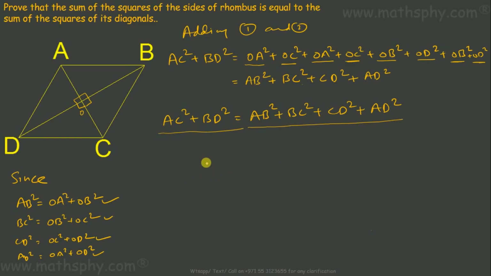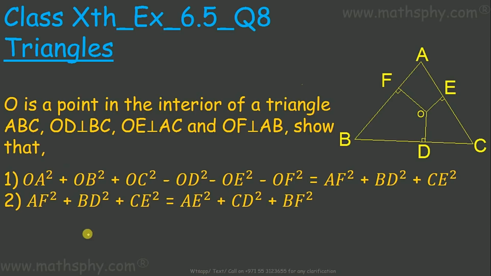Proved? Done? This question here, it says O is a point in the interior of a triangle ABC. We have this triangle ABC where O is a point inside ABC, where OD is perpendicular to BC, OE is perpendicular to AC, OF is perpendicular to AB.